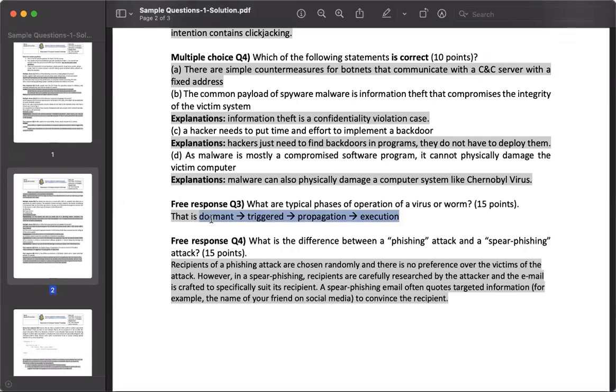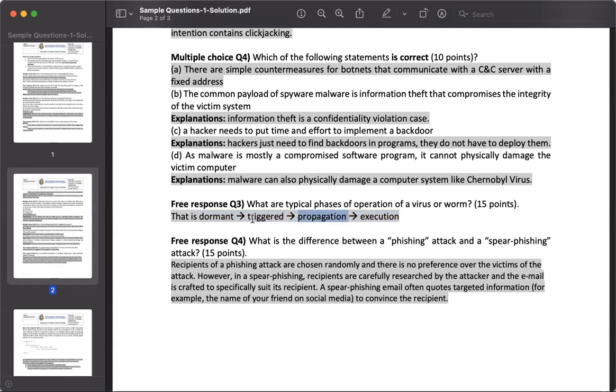Dormant phase, at which the worm or virus is just silent, doing nothing, and then we have triggered. It's triggered and activated and tries to propagate itself to different parts of that system or different computers through the internet.